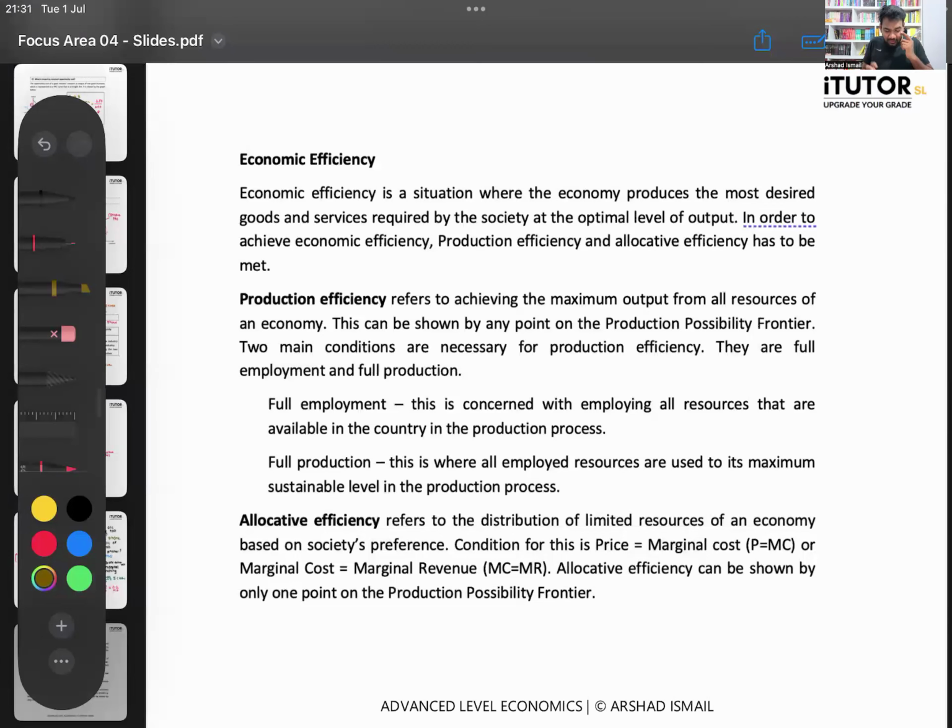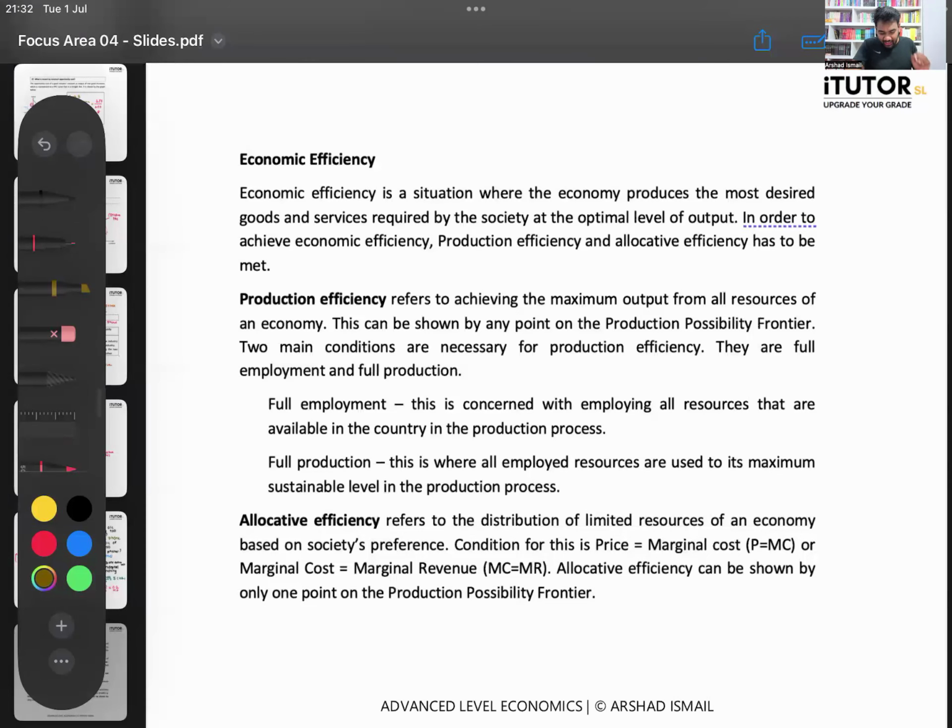Economic efficiency is where we use all our resources in the maximum sustainable way, in an optimal way, and we produce what the society wants. There are two parts there.